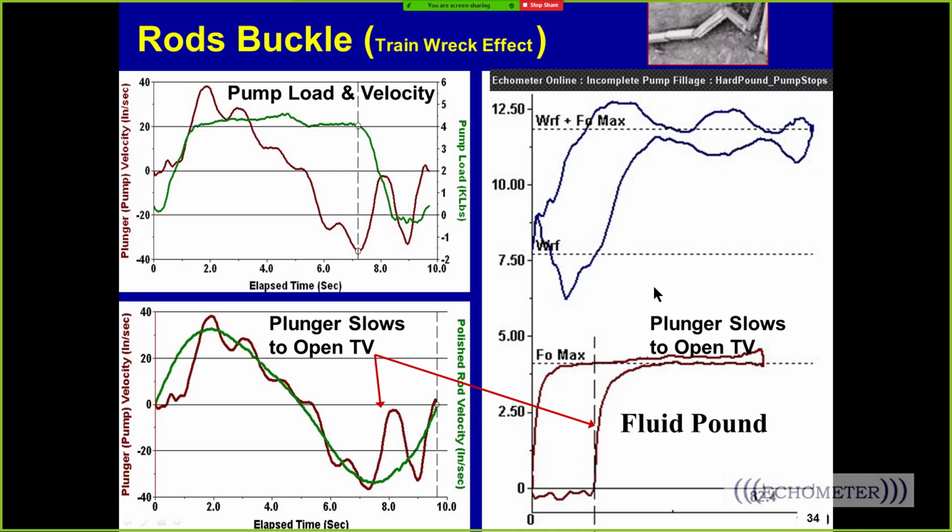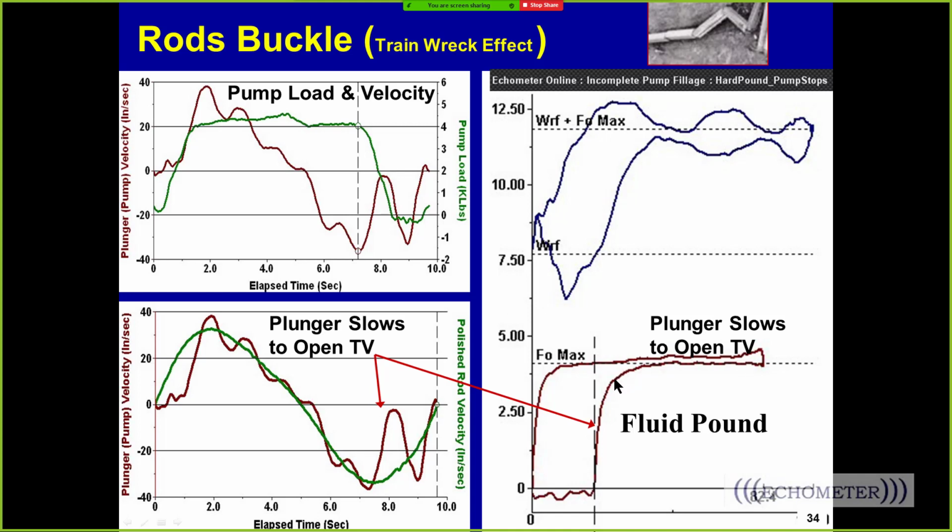So when you look right here, this is the load versus time, and the green is the pump load, and the red is the plunger velocity versus time. And this is beginning the downstroke right there.